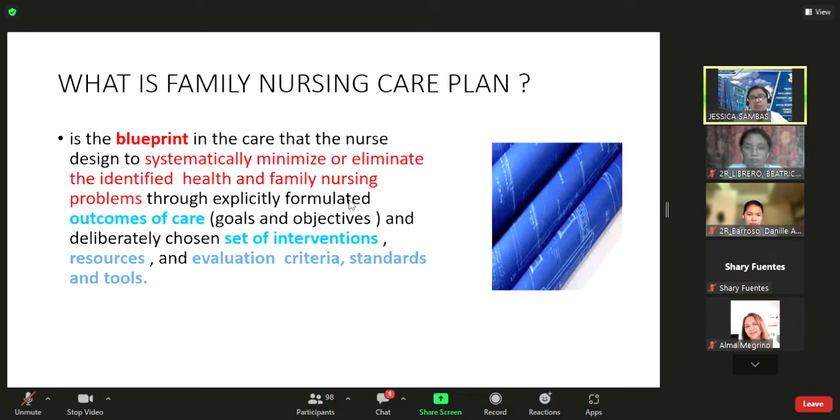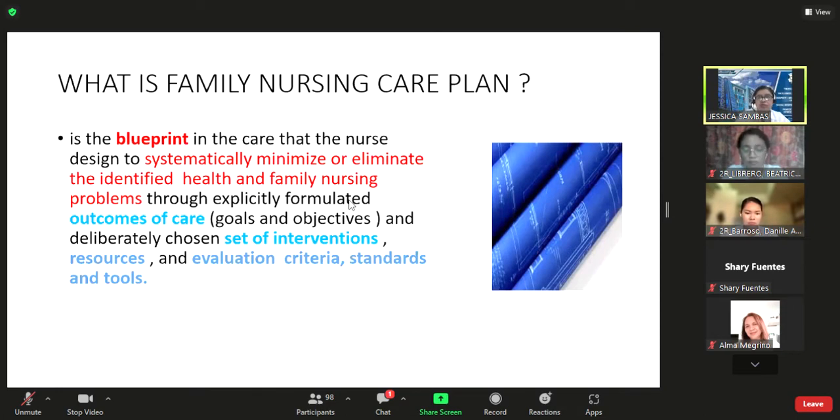If it is done systematically, obviously, there are a series of steps that we need to follow in the formulation of our FNCP so that it is tailored to the identified health problem or family nursing problem of our patient.